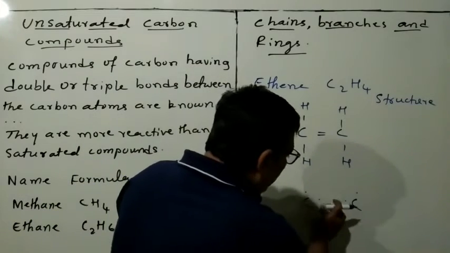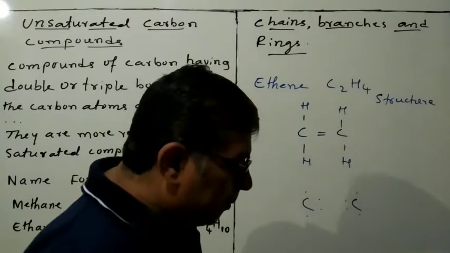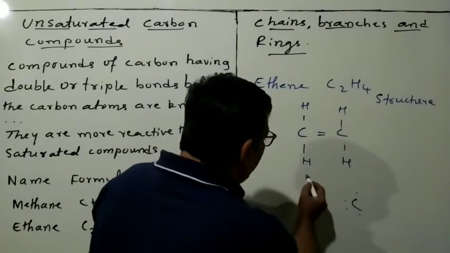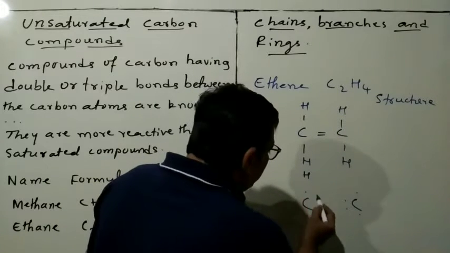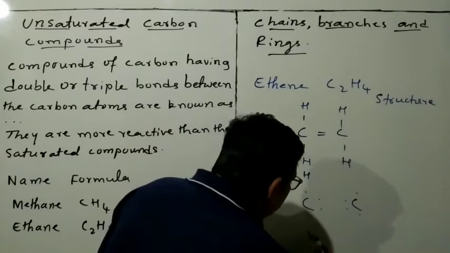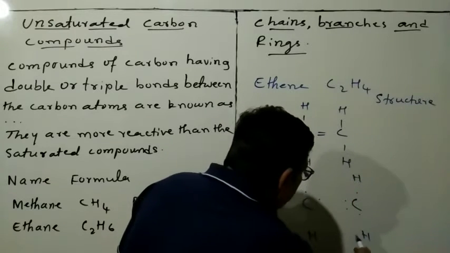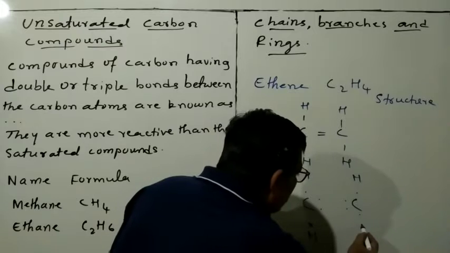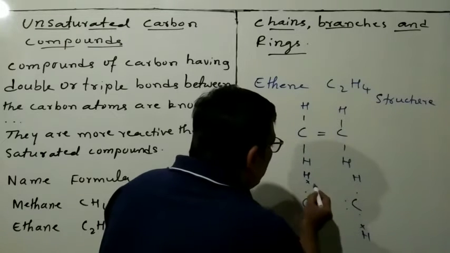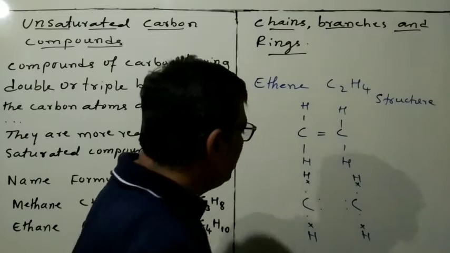Because here there is a double bond, place 2 here. Now place the H. H is here and here H and here H and here H. Place the atoms. Okay, here the bond.